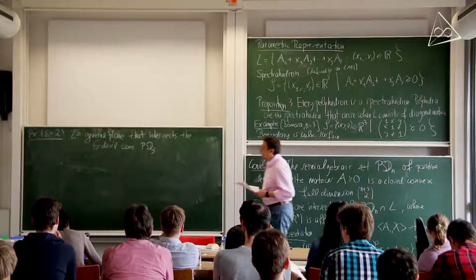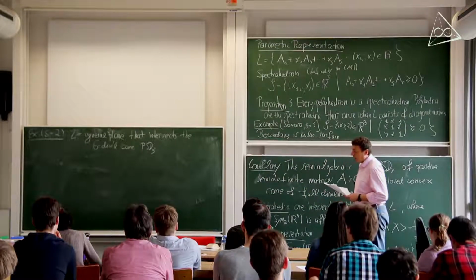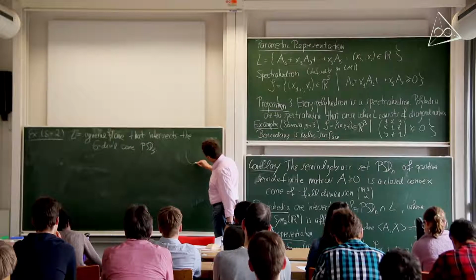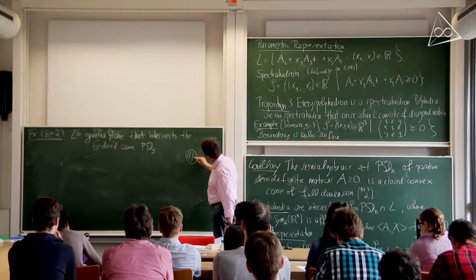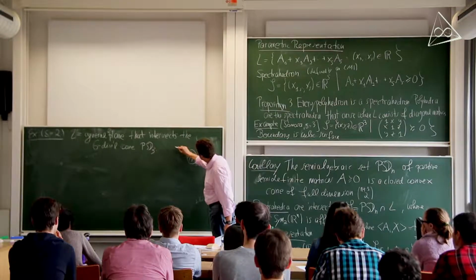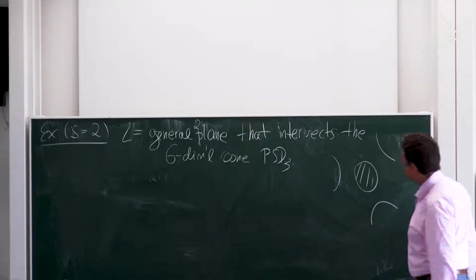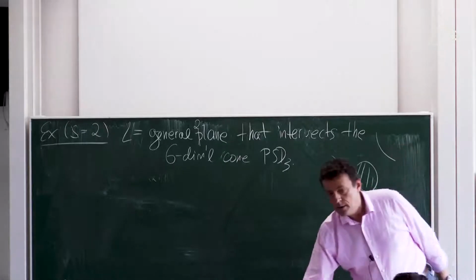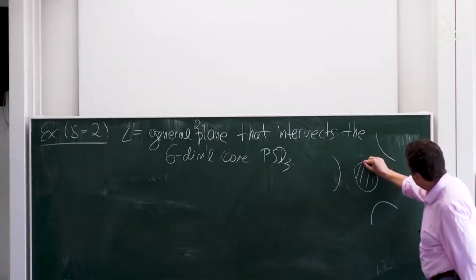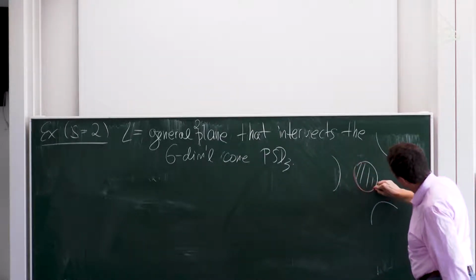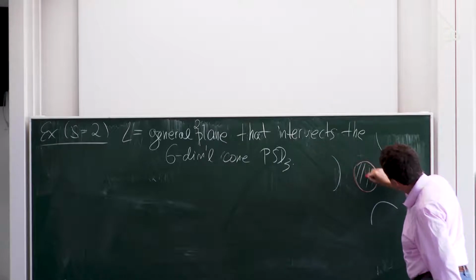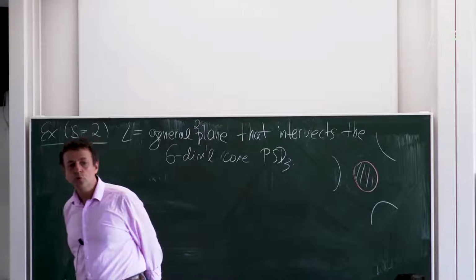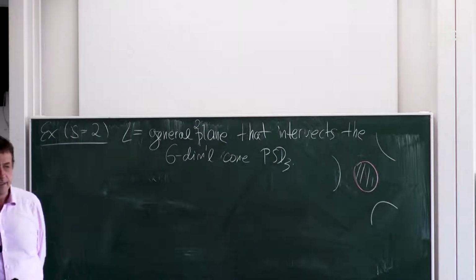So how should we draw the picture? I claim the picture, and you see this in the notes, would look something like this. The intersection itself is a convex set, and that convex set in the handout is, I believe, red. So there's a red curve that carves out a closed 2-dimensional convex set.